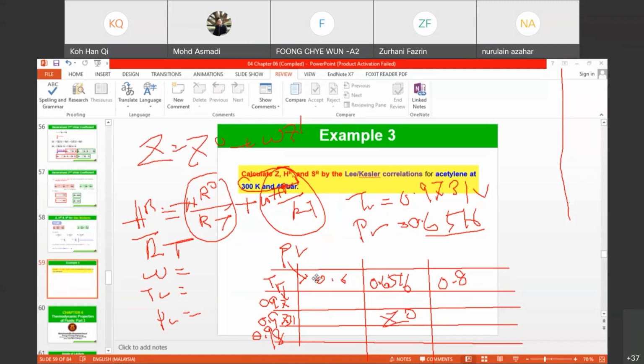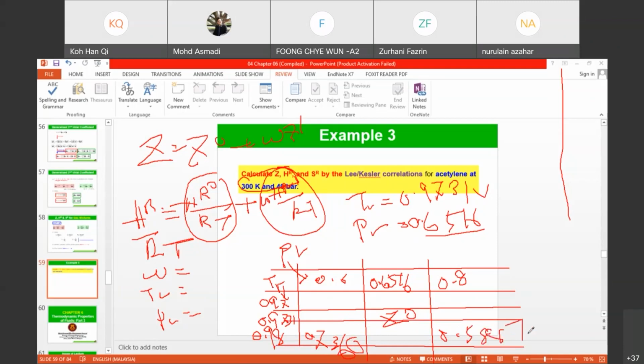If HR, you refer to HR. 0.7, 7.360, 30, 0.85887. Can you do interpolation?